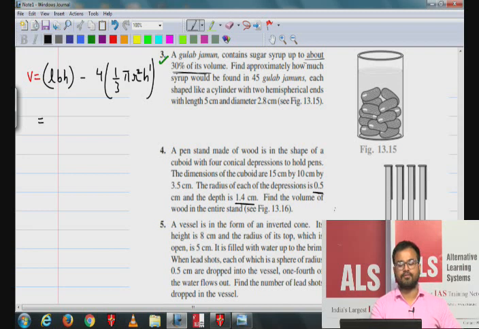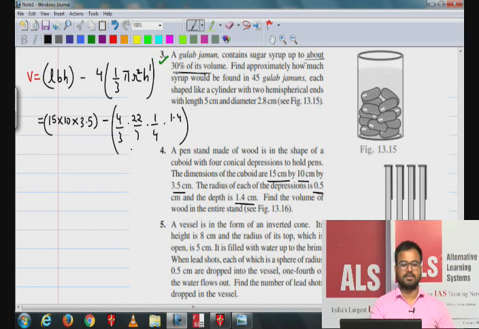LBH means the volume of that cuboid, which is 15 into 10 into 3.5. Minus 4 by 3 pi, you can put 22 by 7, r square. So the radius is 0.5, 0.5 is 1 by 2 and 1 by 2 square is 1 by 4, and h dash is 1.4. All are in centimeter.